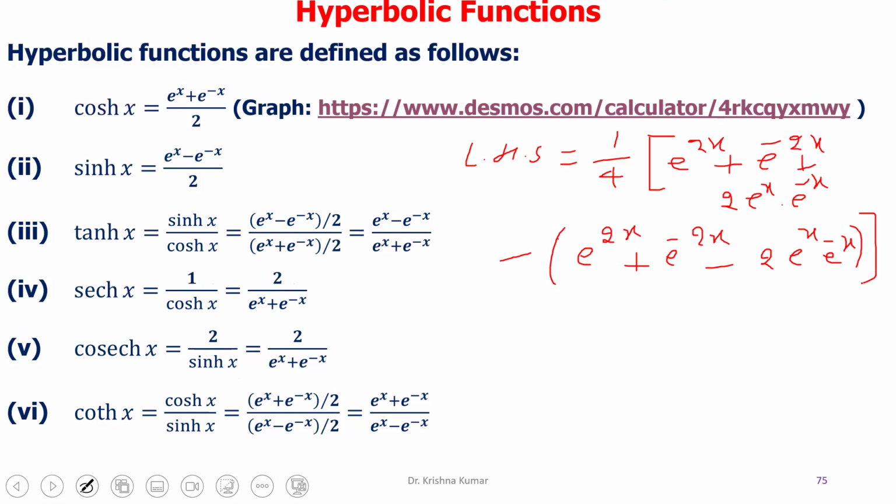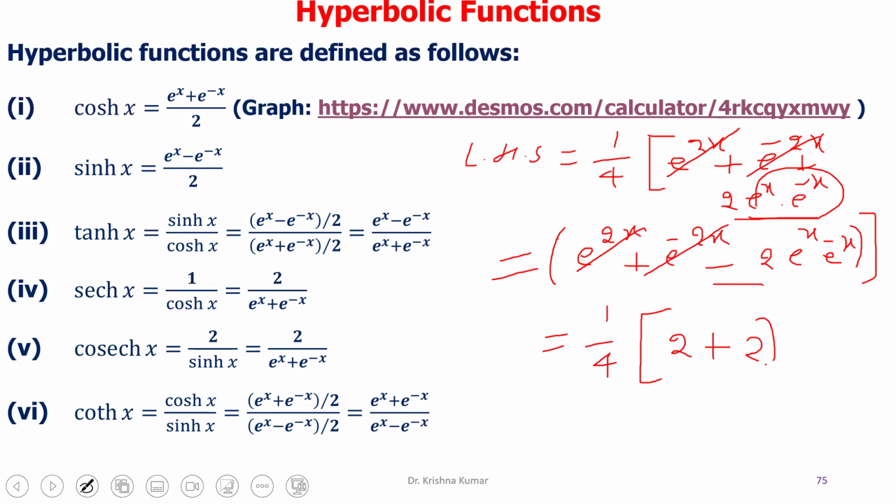Now if we simplify this, e to the power 2x is positive, negative, positive, negative, and we have 1 upon 4, 2 times e to the power x into e to the power minus x, which is e to the power 0, which is 1, plus, as minus and minus become plus, 2. So we have 4 by 4, which is equal to 1, which is the right hand side.